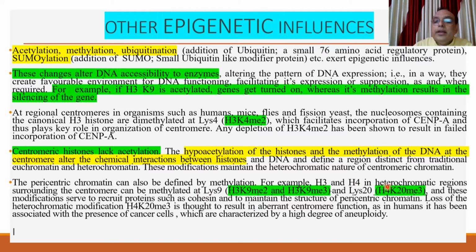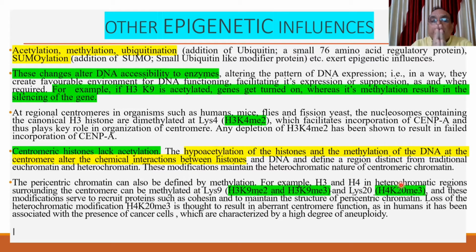because those modifications in H3 at lysine 9 and H4 at lysine 20 act for recruitment of cohesin, which is important for keeping the two sister chromatids together. So if these methylations do not take place, cohesin will not be recruited, and these two sister chromatids will not be brought together.